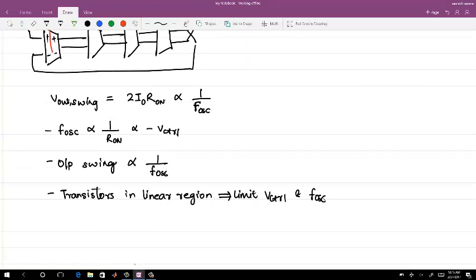Now, if the output swing of the oscillator is inversely proportional to oscillation frequency, that doesn't sound good to begin with. This also has a limited output swing.